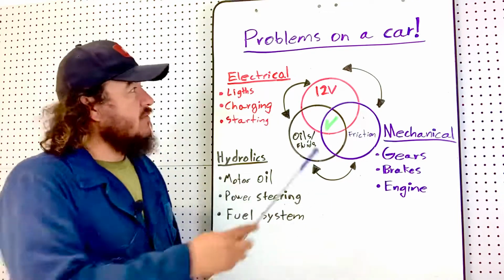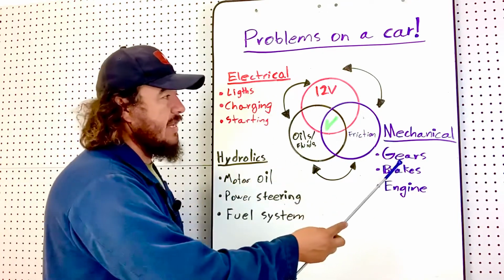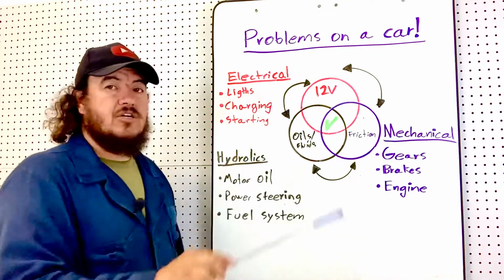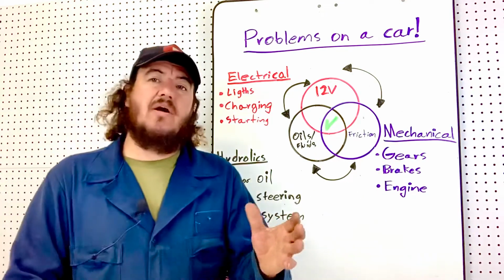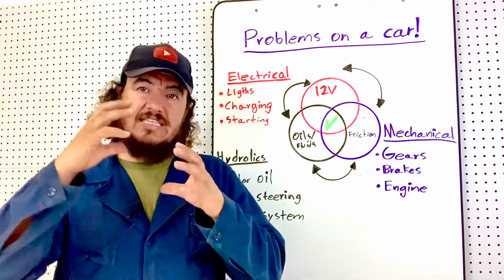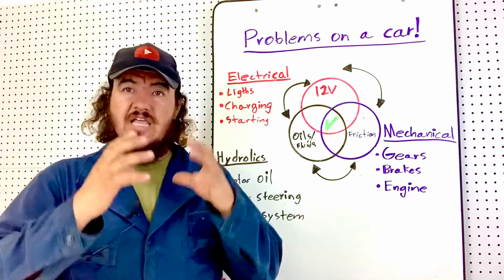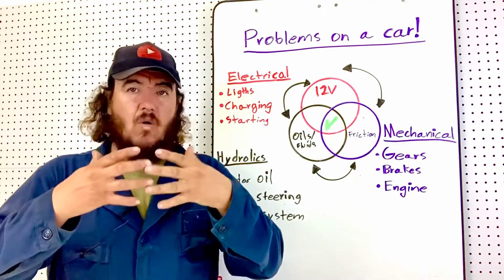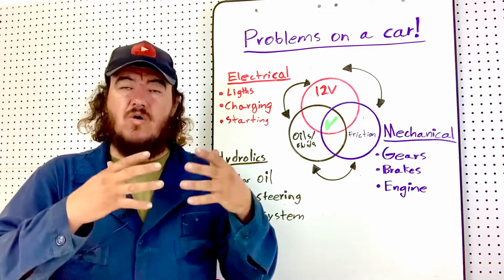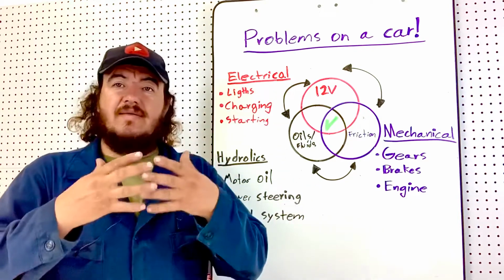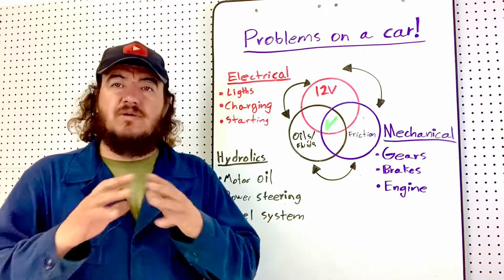It could be from an electrical to a mechanical, or it could be the mechanical piece not working on the electrical, because you could have a part that is mechanical but the electrical side of it is not working. The mechanical is not worn down, there's no friction, the components are all there, the gears are all ready to go, but the electrical side might be bad and needs to be replaced.